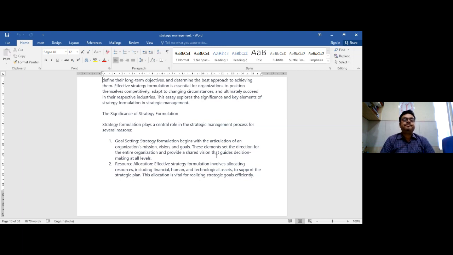Number one, it helps in goal setting, articulation of an organization's mission, vision, and goals. The goals set the direction for the entire organization, and they provide a shared vision that guides decision making.